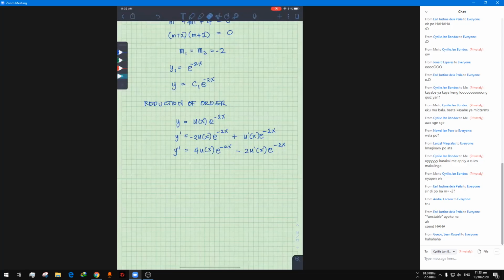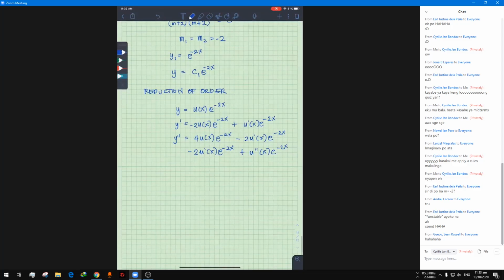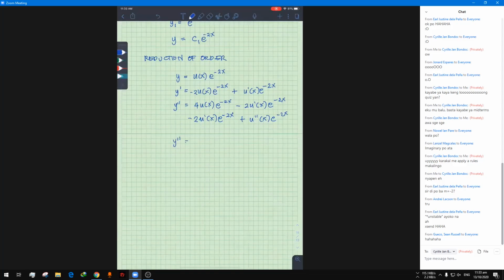So negative 2 u prime of x e raised to negative 2x, tapos plus u double prime of x e negative 2x. So ang y double prime mo, pwede ko silang i-combine. So 4 u of x e negative 2x minus 4 u prime of x e negative 2x and then plus u double prime of x e negative 2x.